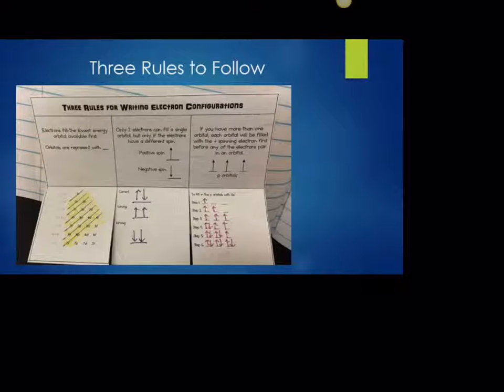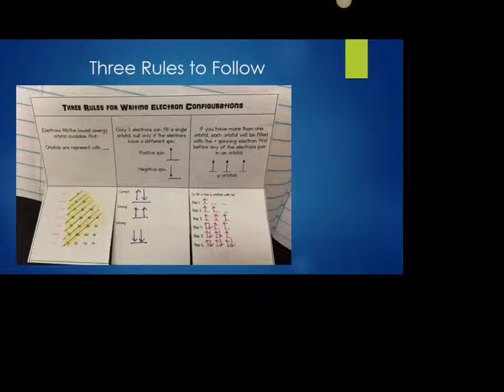Alright, so with Aufbau's principle, we're going to use this chart that tells us that electrons fill the lowest energy orbitals available, and the orbitals are going to be represented with lines when we draw these orbital notations. The chart you have, you glued it in on an index card. Please do not glue that into your ISN because you'll be constantly flipping back to that page.